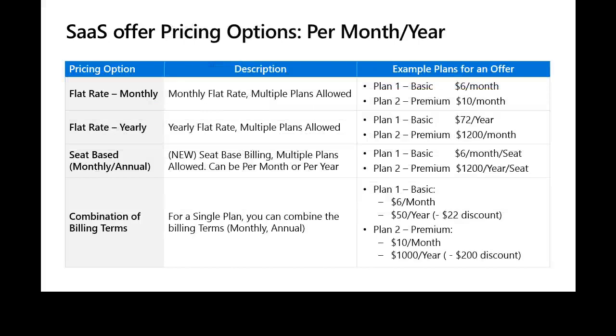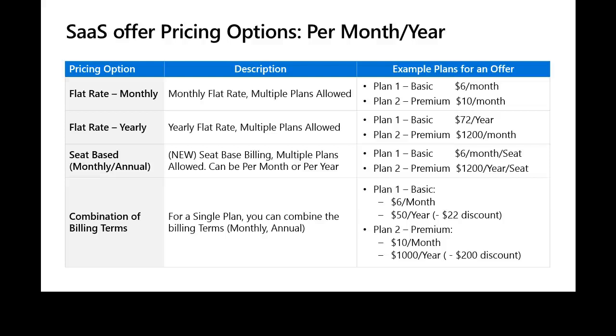All right, so from a billing perspective, we get a lot of questions on this area. You have multiple options. The SaaS offer is the one that has the most flexibility regarding billing capabilities. It has the ability for you to do flat monthly rate, yearly rates. You can do seat-based, so this is when you can say, per seat, so $6 per month per seat.